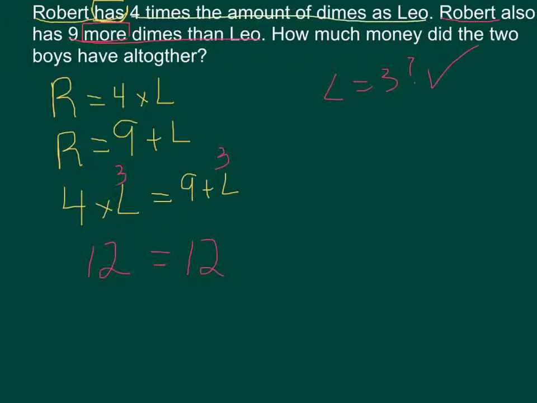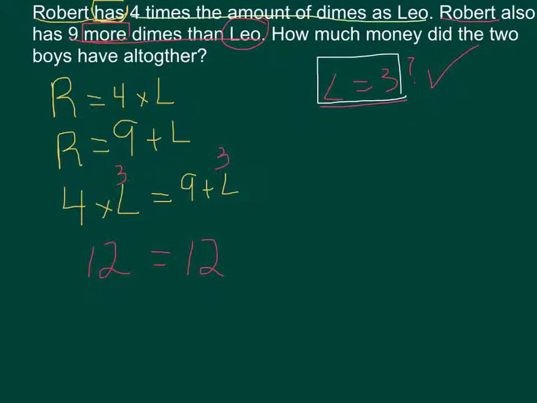L equals 3. But is our answer to the whole problem 3? No, it's not. What does this represent right here? This L equals 3. Why do we care? Why do we need to know that? Because L equals the amount of money that Leo had.